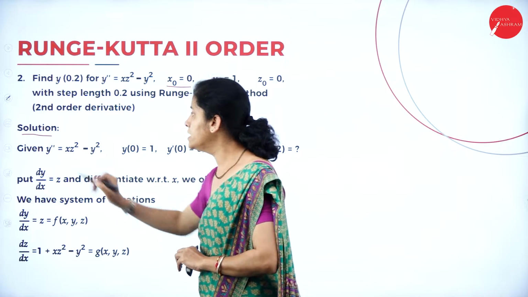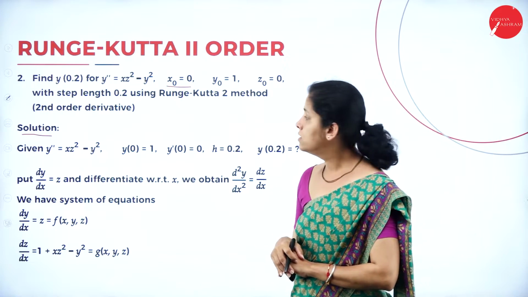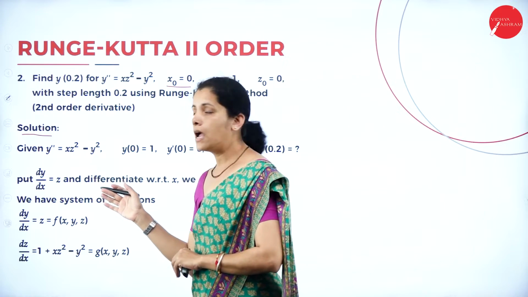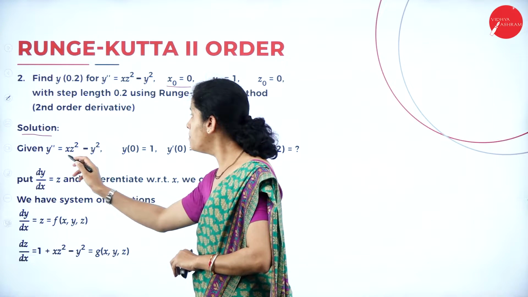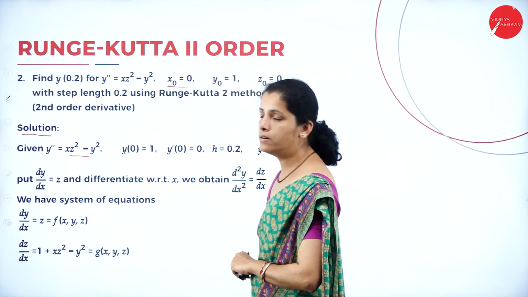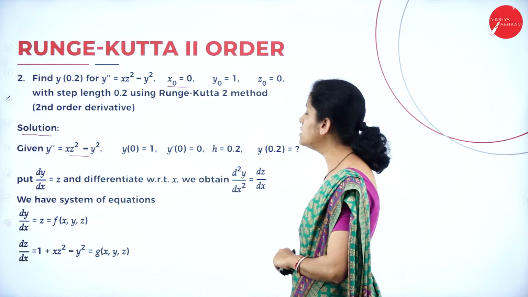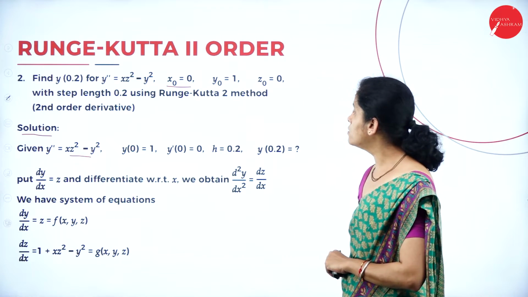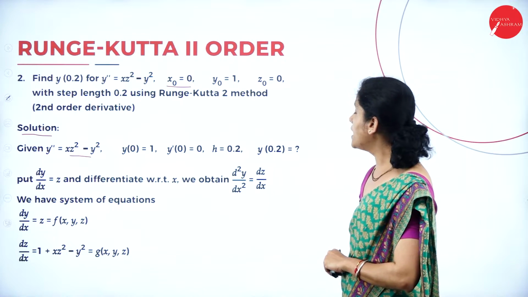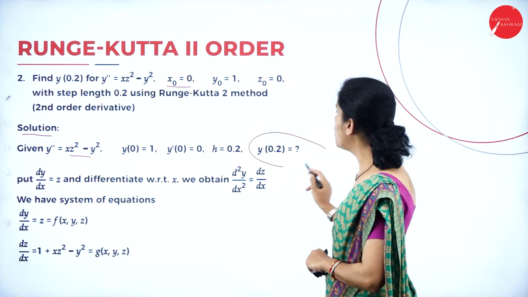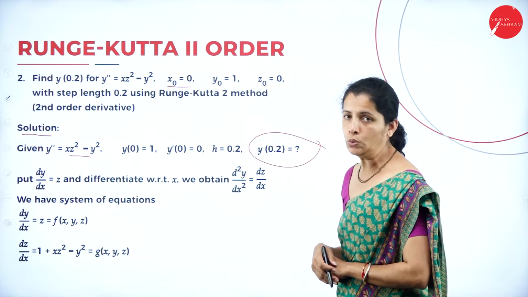Now the solution here: the given second order derivative is x into z square minus y square. And y naught is 1, x naught is 0, h is 0.2 and I want to find y of 0.2.